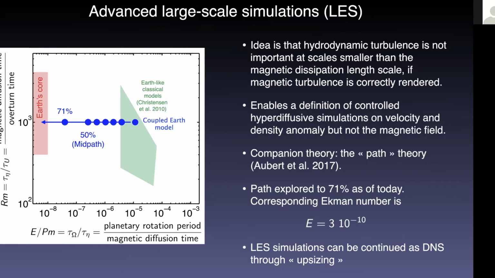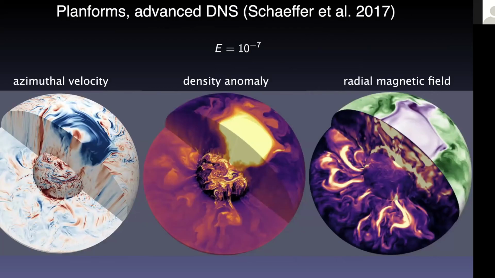Those large eddy simulations, hyperdiffusive simulations, can also be continued as direct numerical simulation through upsizing, so they can be brought back, if you have the numerical resources, to fully resolved direct numerical simulation conditions. So how does the solution look like in those advanced direct numerical simulations?